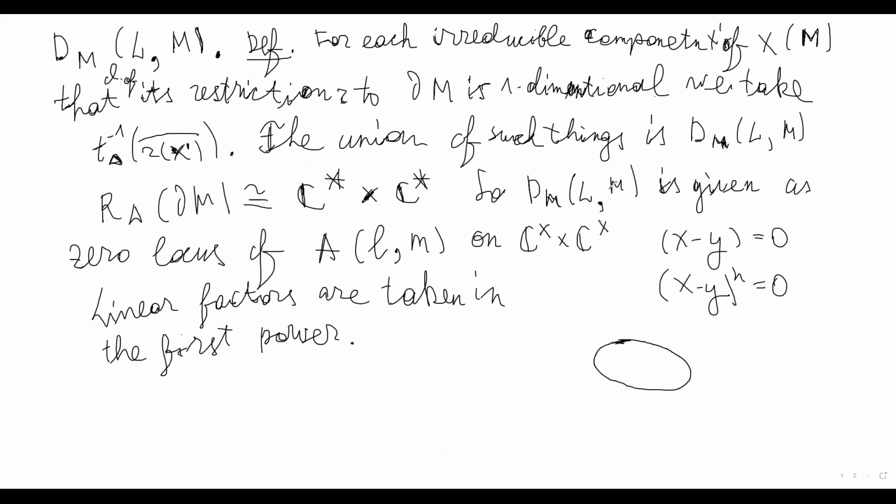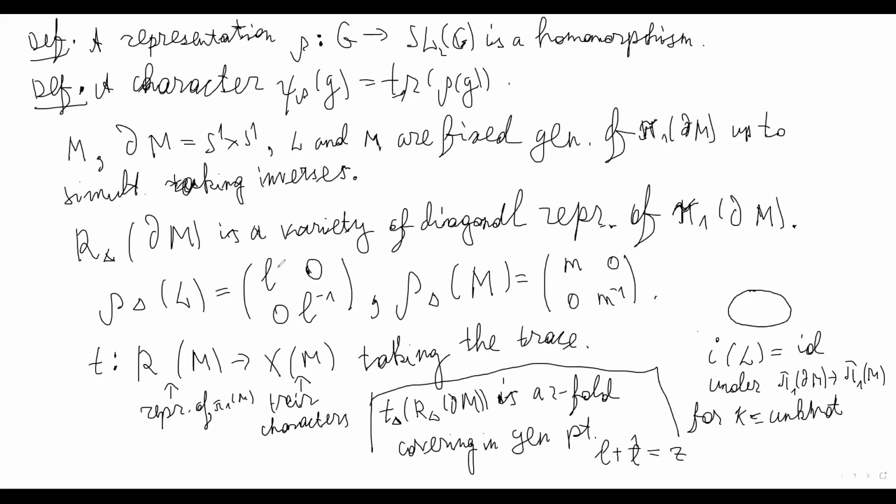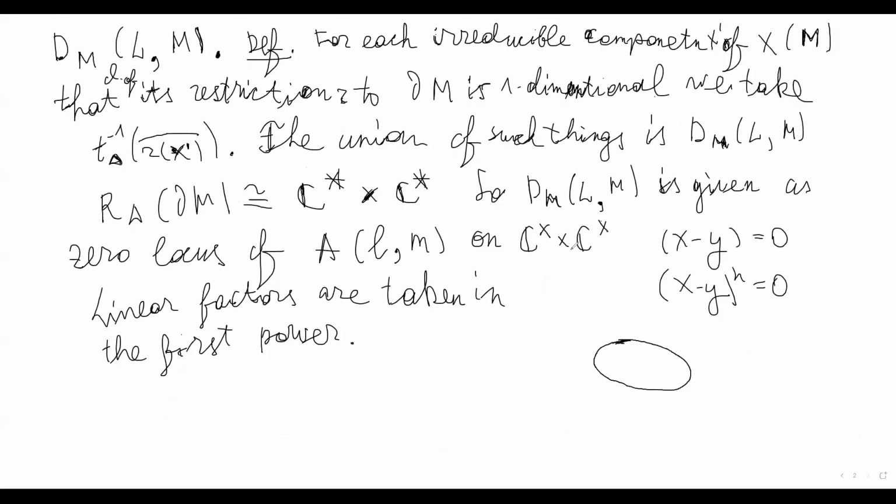If we simultaneously reverse the orientation of L and M, then L goes to L^-1 and M goes to M^-1, but their traces are the same. So really we have the same curve, and we don't need to bother about the precise orientations of L and M.